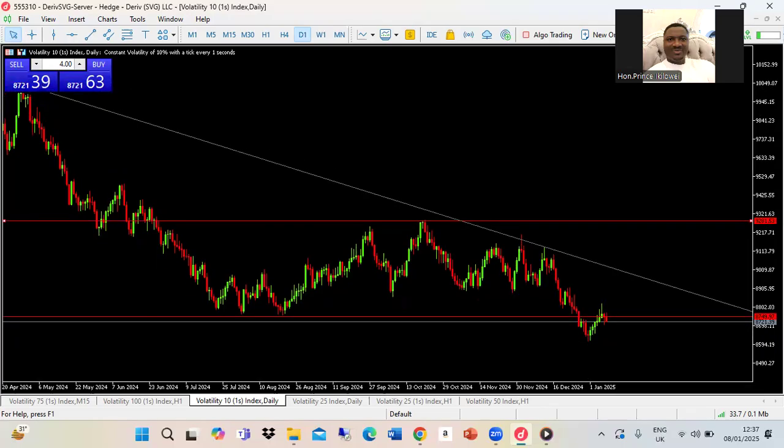According to the daily time frame, price has broken this level.